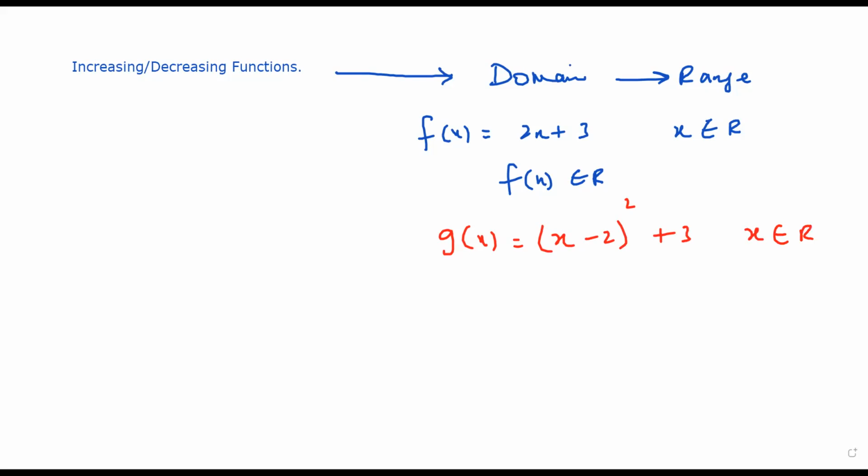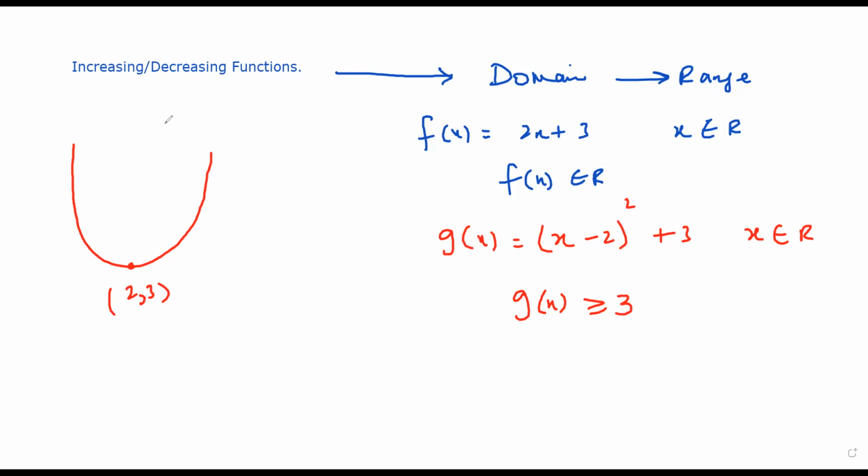I'm not giving you any confusing or tricky questions here. So what would be the range of this function? Very good, mashallah. You will have the sketch in front of you, and this point is (2, 3). So the range over here is greater than or equal to 3.